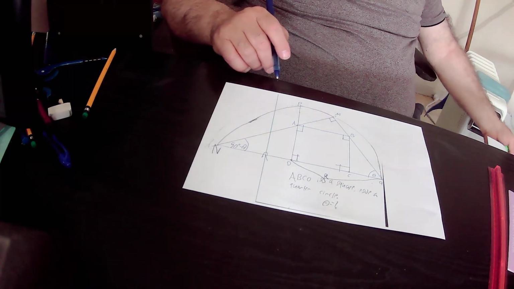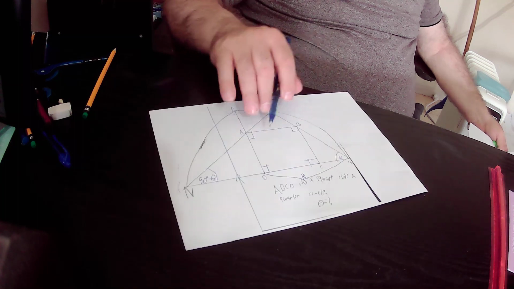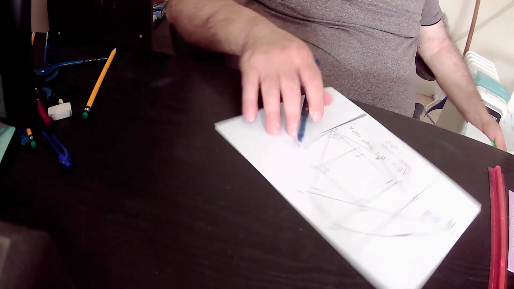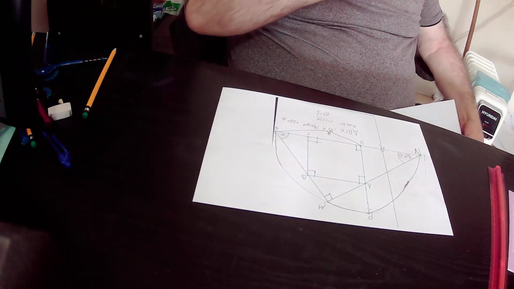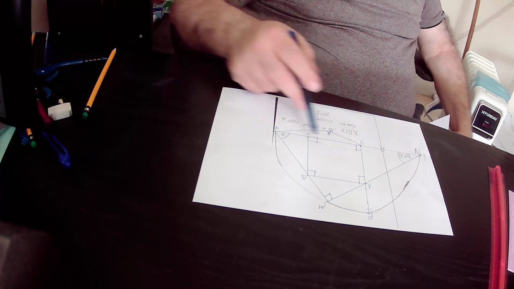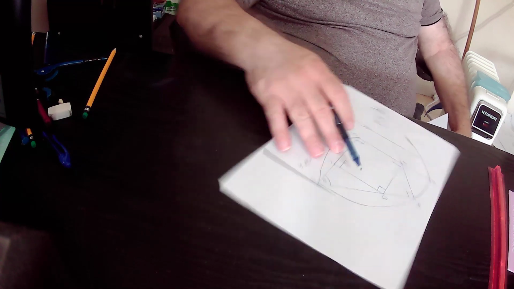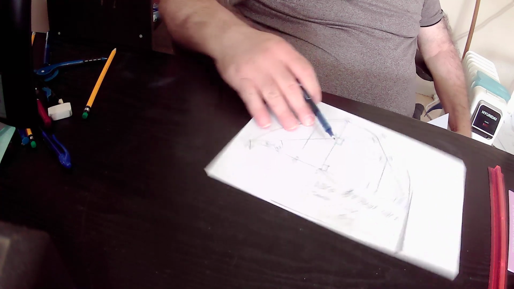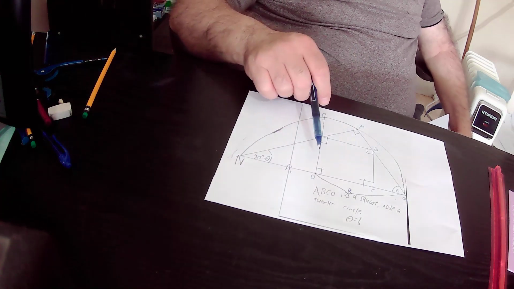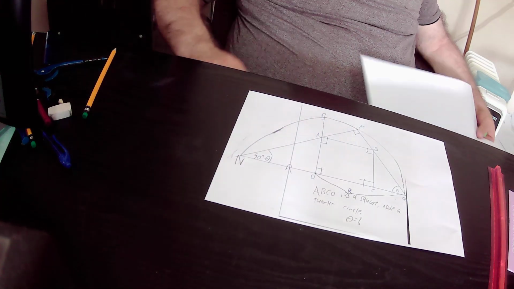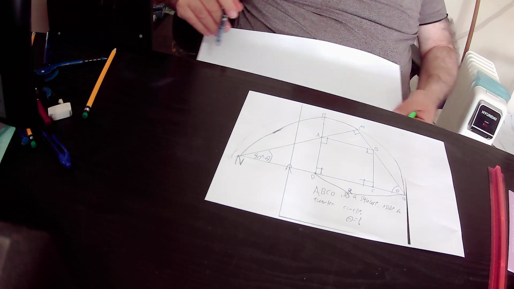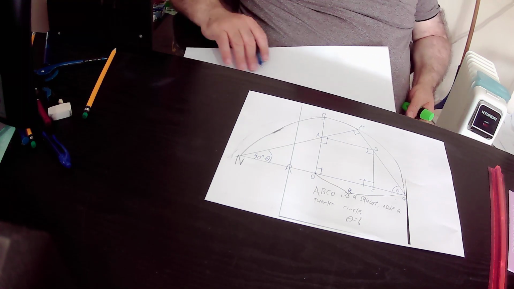So we know that NQ is a straight line. If we focus on the upper side of the straight line NQ at point O, then the sum of the angles here must be equal to 180 degrees.